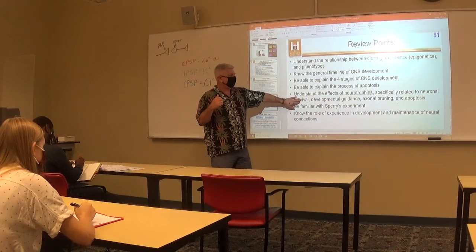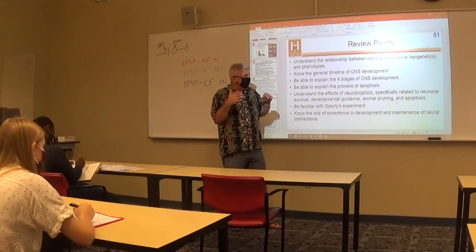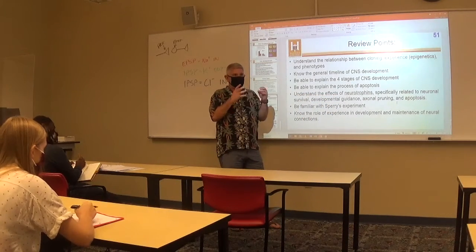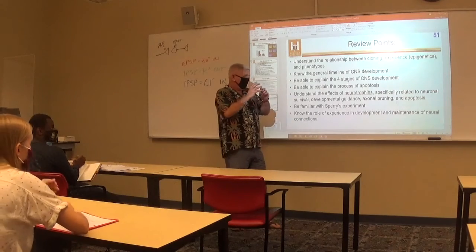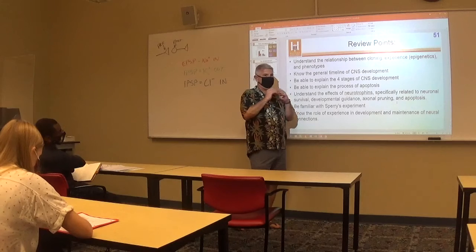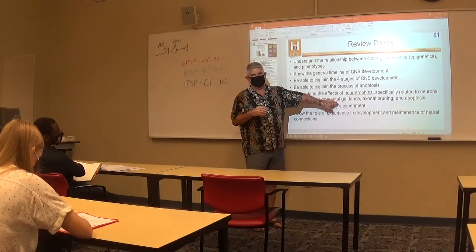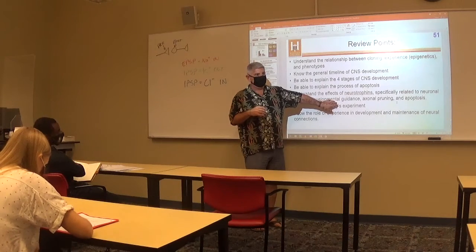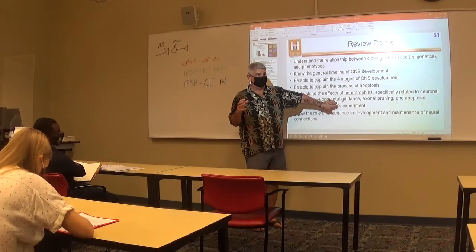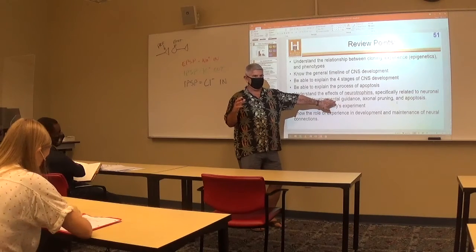For neural survival, I mean that kind of goes with apoptosis, right? So when a neuron is migrating, we already talked about the radial glial cells, but when it lets go of the radial glial cell, the developmental guidance, that's where it's being guided to its final destination by neurotrophins. So they're the signal for migration once the radial glial cells are done with their job.